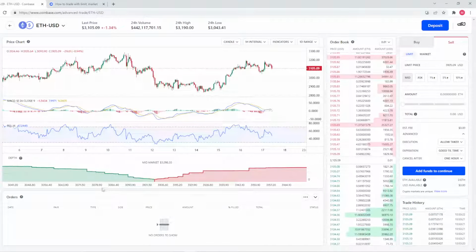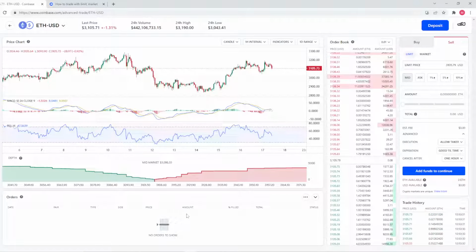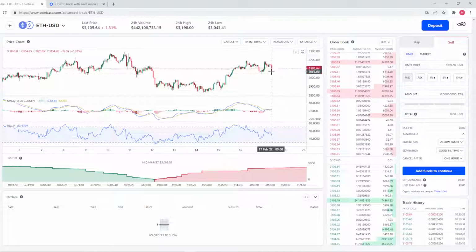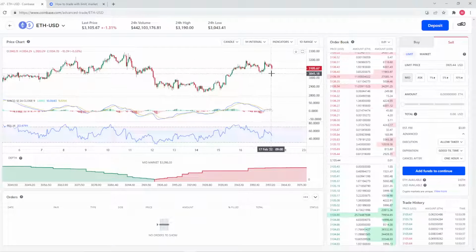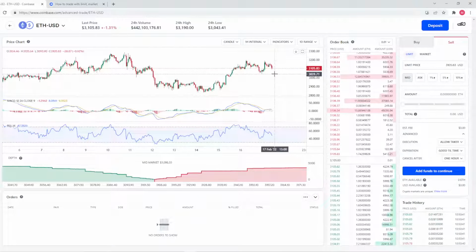And I just don't want to forget as well, don't forget that once you place your limit order, it will display here, right? And for the time being, it won't be filled, right? So if I place a limit buy at, let's say, based on what I'm seeing here, 3039.71, right?